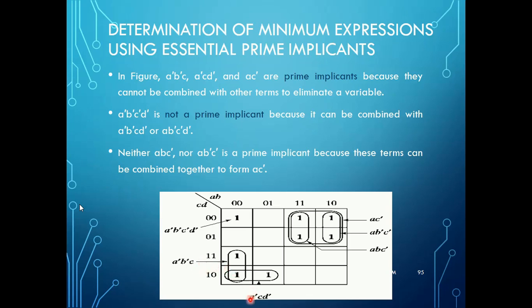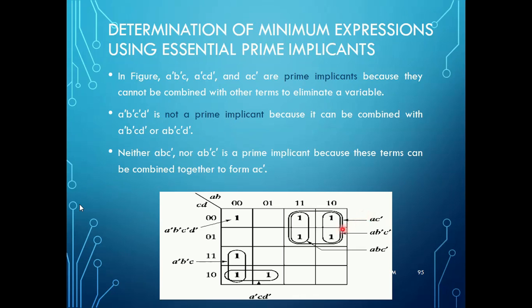Same way, A bar C D bar is the expression you got from pairing these ones here, and this term also cannot be combined with any other nearest terms to reduce the variables. Another term is when you encircle the quad in this manner, you finally get the expression A C bar. This quad also you cannot combine with any other term to eliminate a variable. You cannot reduce this product further.